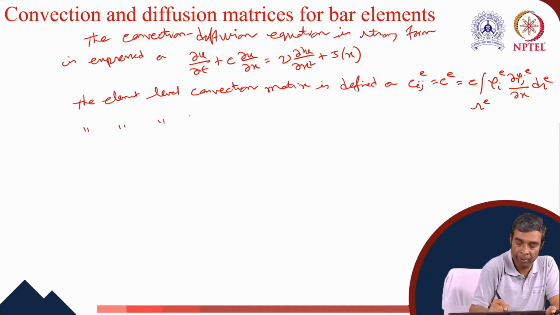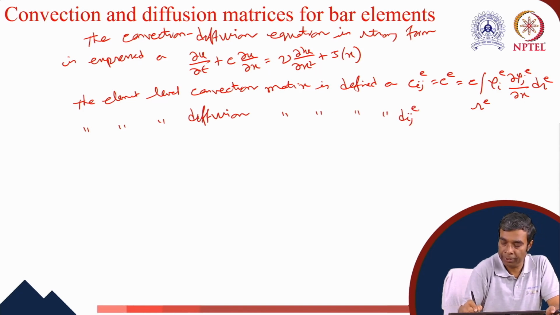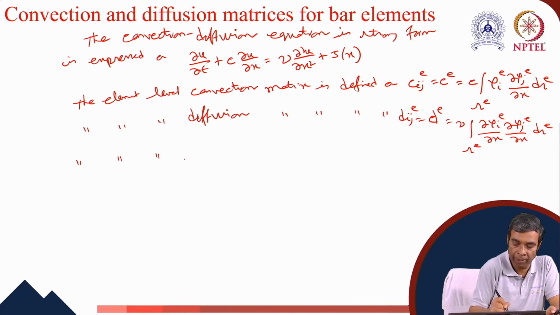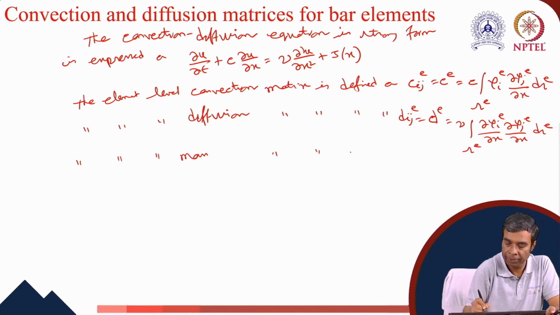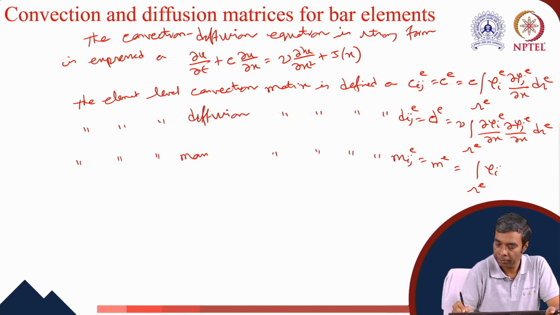The element level diffusion matrix is defined as Dije equals De equals nu into integration over omega e del psi ie del x del psi je del x d omega e, and the element level mass matrix is denoted as Mij equals Me equals integration over omega e psi ie psi je d omega e.